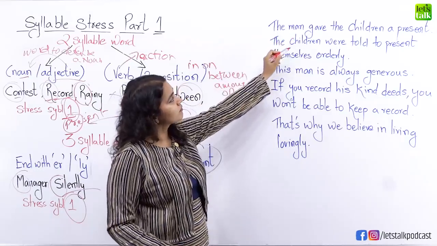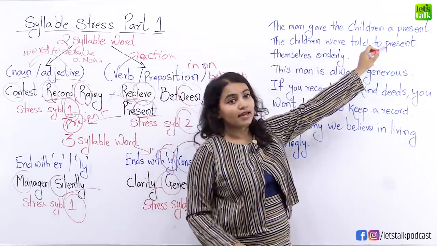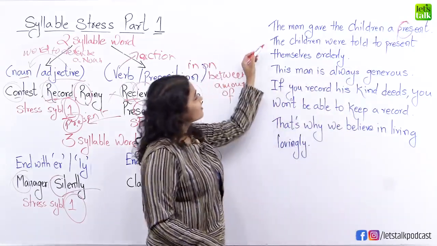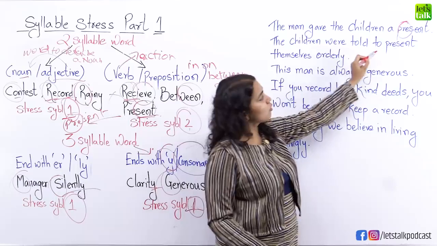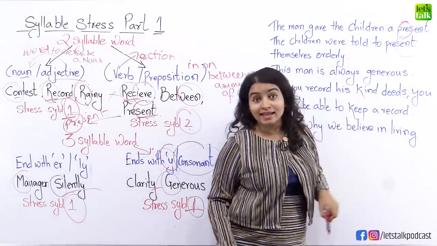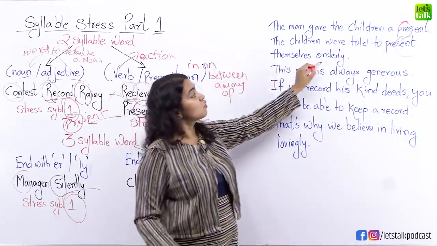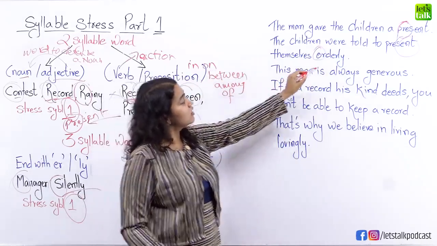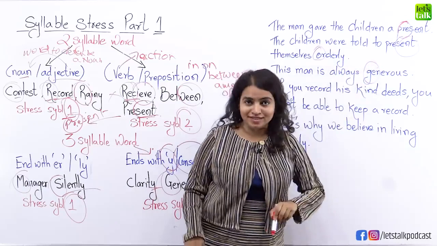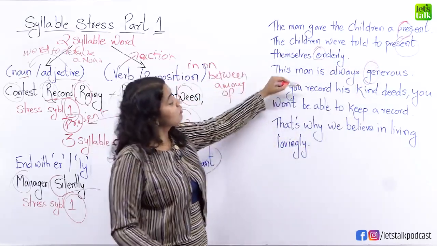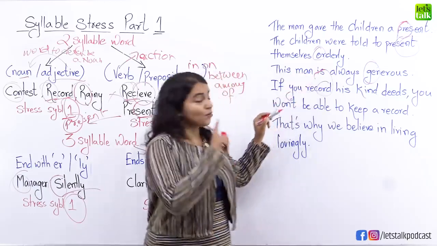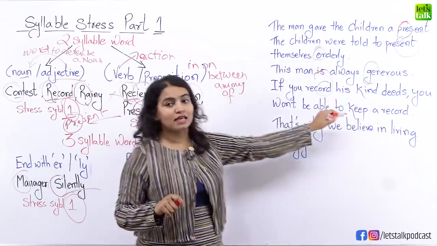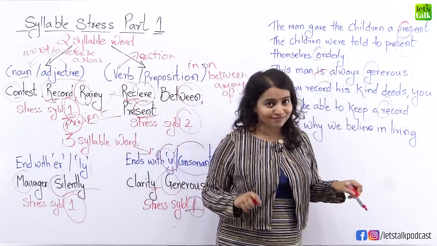The man gave the children a present. The children were told to present themselves orderly. This man is always generous. If you record his kind deeds, you won't be able to keep a record.